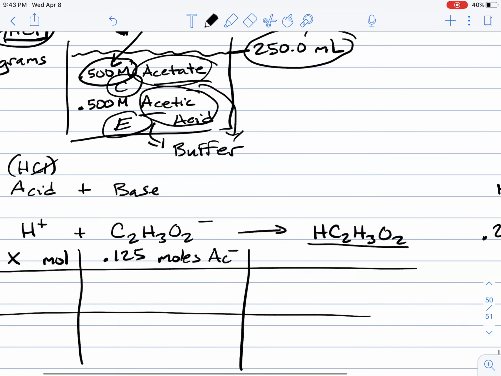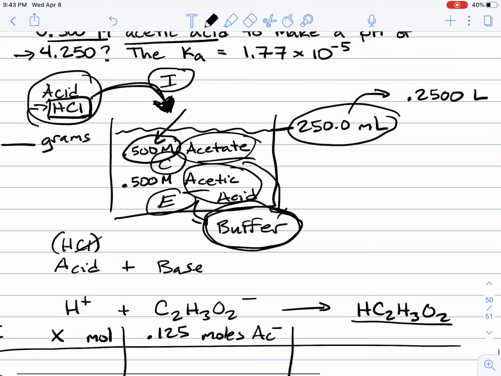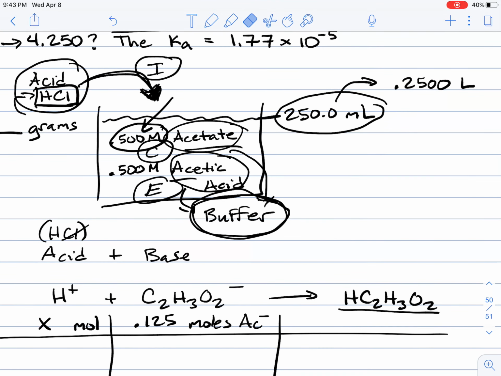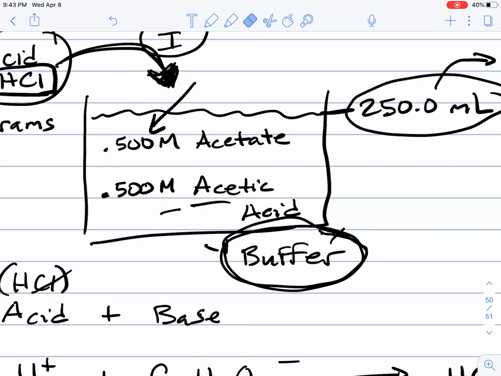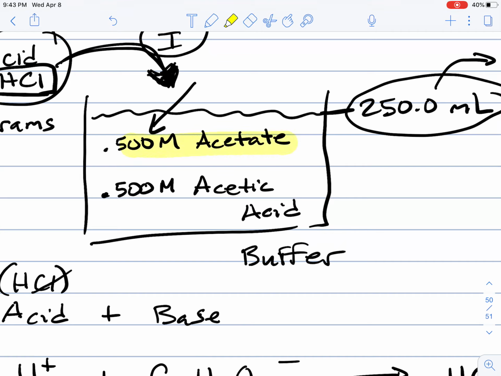Now, here in this case, recall that we already have a buffer. I know there's a lot of stuff here, it's getting busy, so let me just zoom in real quick and erase some stuff. Everything here in this solution is already a buffer. So what that means is that we have an initial amount of acetic acid, and we have an initial amount of acetate.